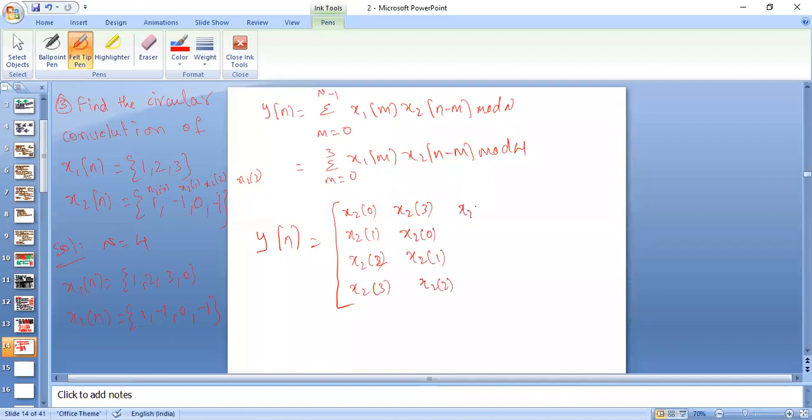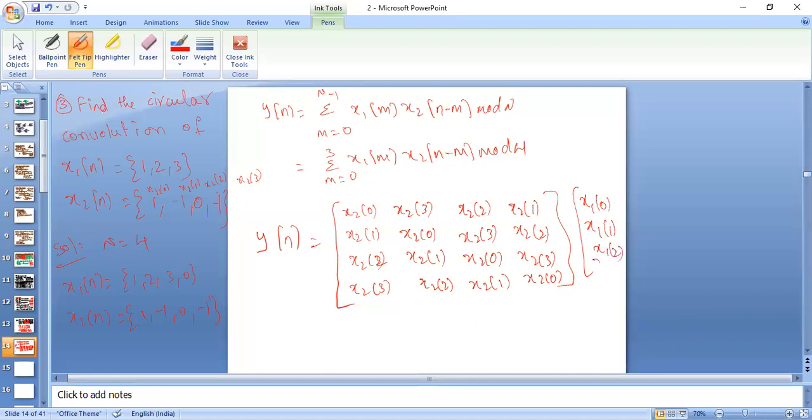Next equation x2 of 2, x2 of 3, x2 of 0 and x2 of 1. Next x2 of 1, x2 of 2, x2 of 3 and x2 of 0 into x1 of 0, x1 of 1, x1 of 2 and x1 of 3.